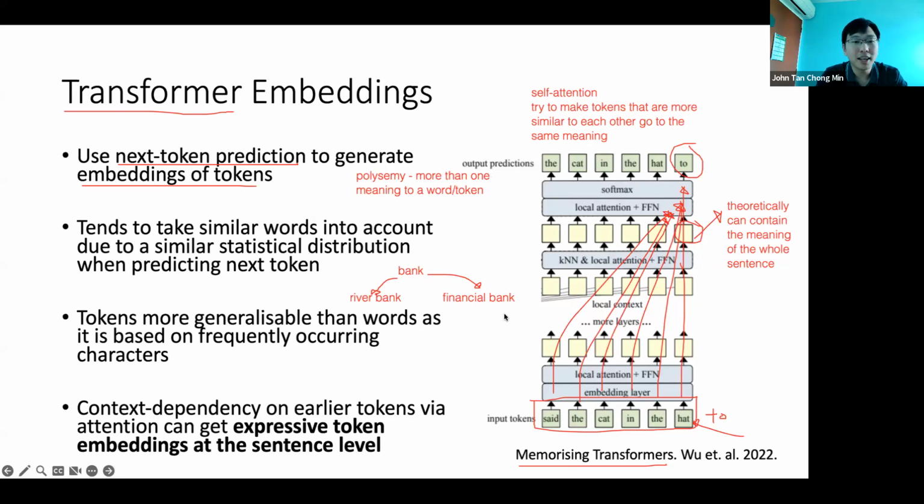Word2vec actually suffers from this. It doesn't have a self-attention mechanism, so it can't correct the meaning of the embedding based on the context. But with transformers, you can. Suppose the word river appears in front, and then you have the word bank at the back.